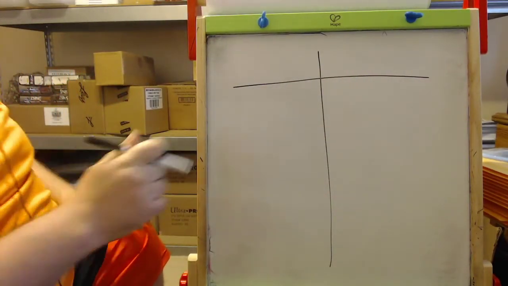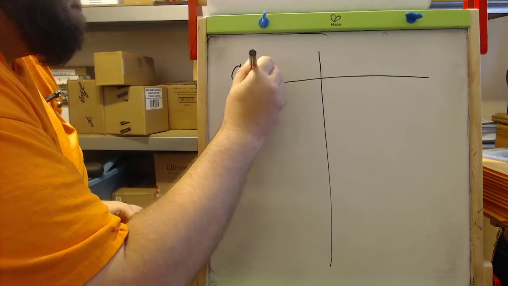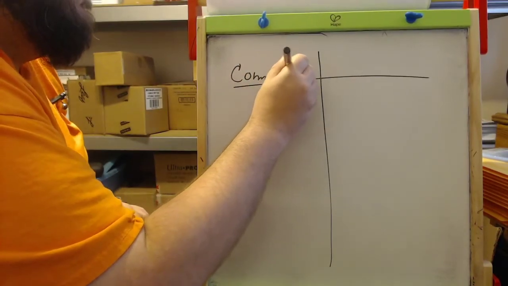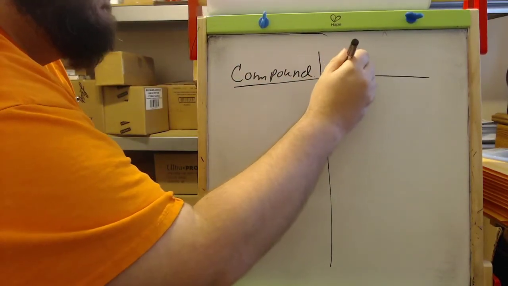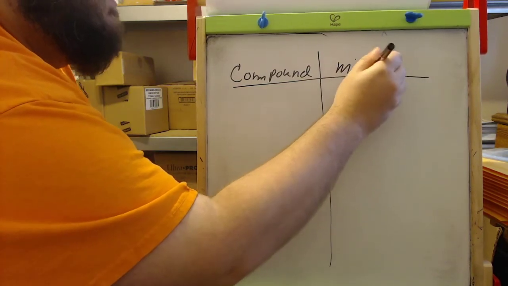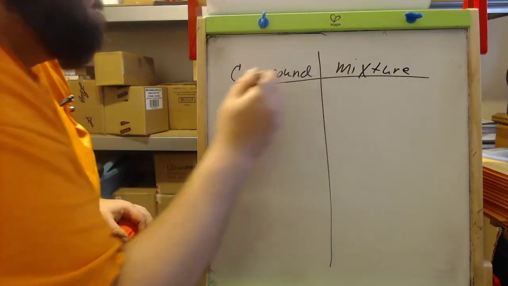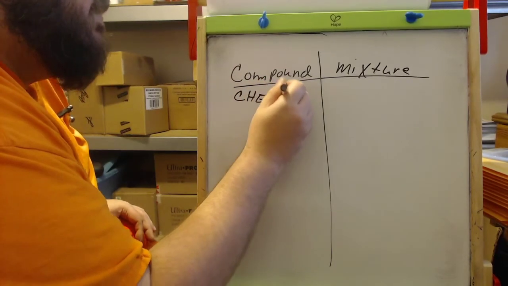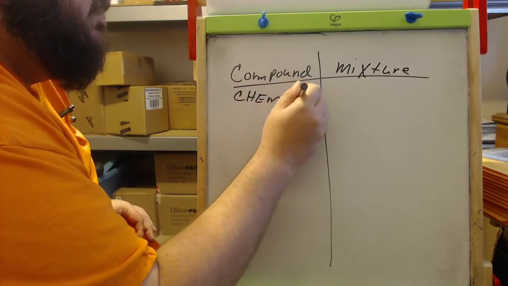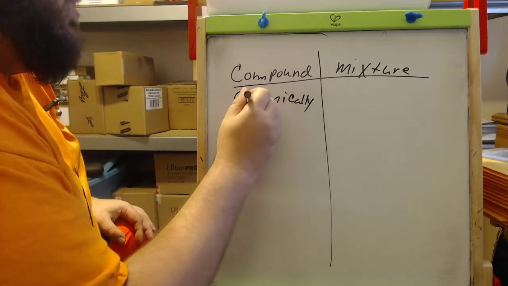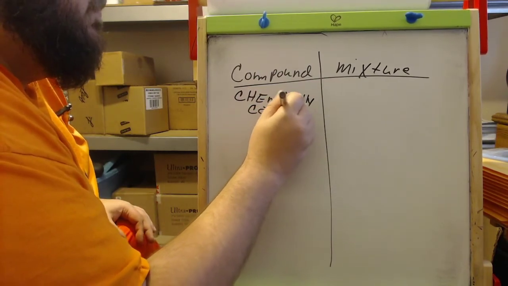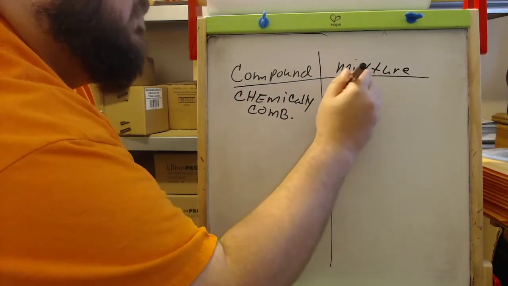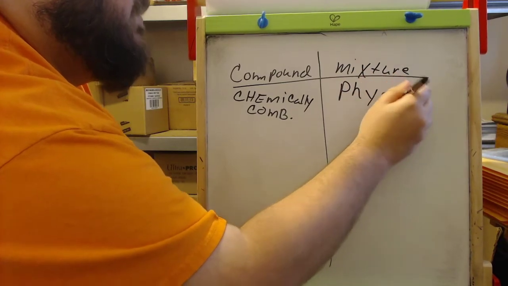And say, essentially, here's a compound, and here's something known as a mixture. And there's differences between the two. A compound is chemically combined, while a mixture is physically combined.